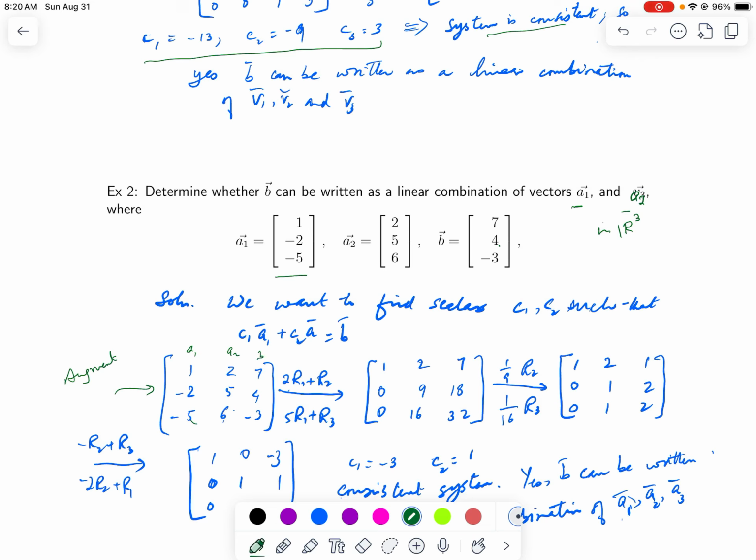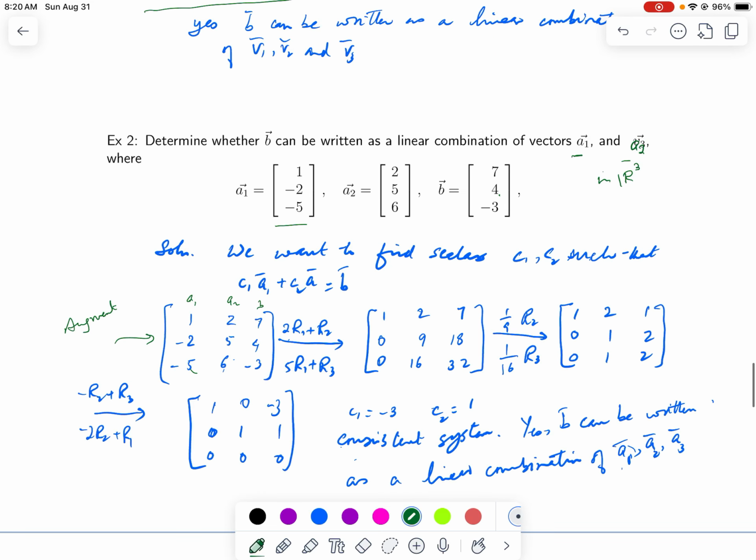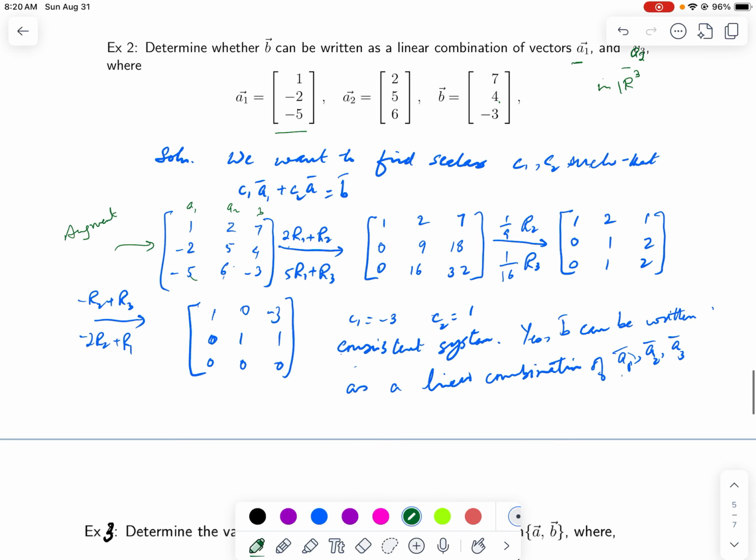So applying the row operations, I got here to the reduced row echelon form.